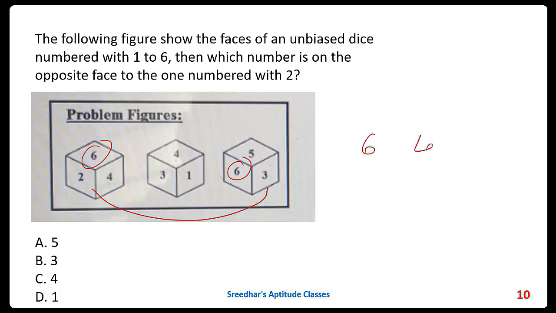Okay. So 6, 4, 2 and 6, 5, 3. Then we'll get 2 and 3 opposite, 4 and 5 opposite, 1 and 6 opposite.